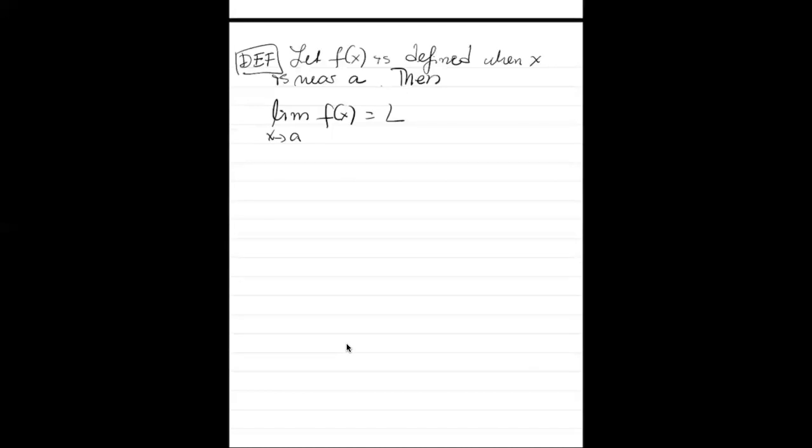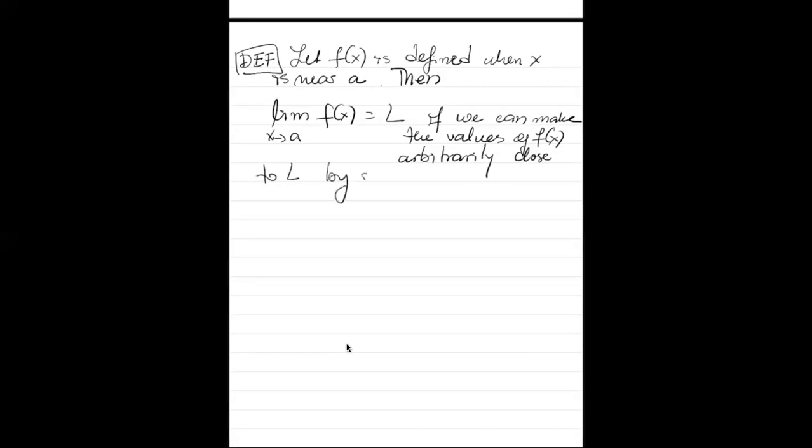If we can make the values of f of x arbitrarily close to L by restricting x to be sufficiently close to a, on either side of a, but not equal to a.